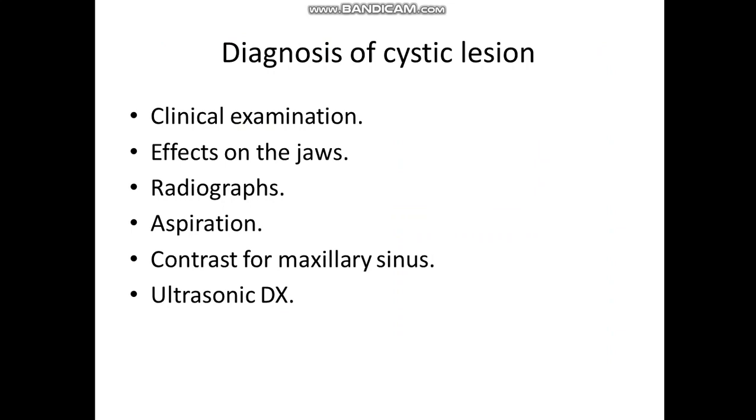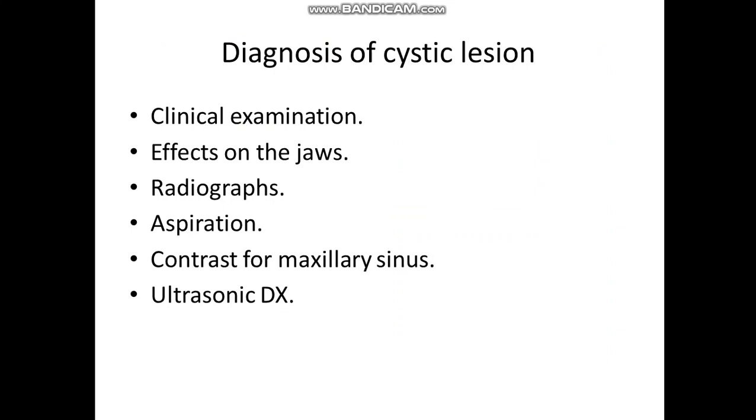Also, effects on the jaws, whether there is loosening of the teeth, drifting, devitalization, discoloration, anesthesia or paresthesia, all of these may give an indication that there is a cystic lesion of the jaw.